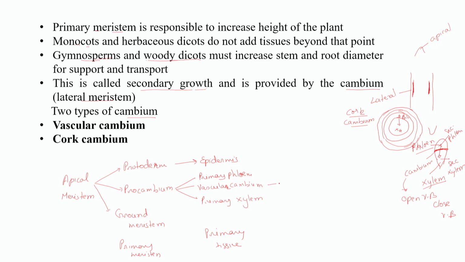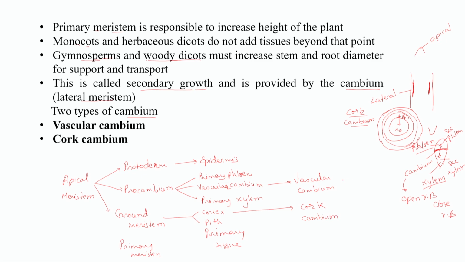Now, this vascular cambium will now behave as lateral meristem. Similarly, ground meristem also forms cortex and pith. These are all primary tissues. Now, in the cortex another cambium which is known as cork cambium, with various other names also, which we will discuss when we talk about it.